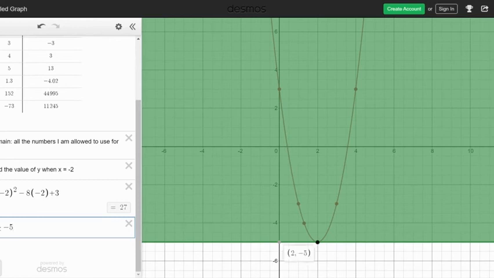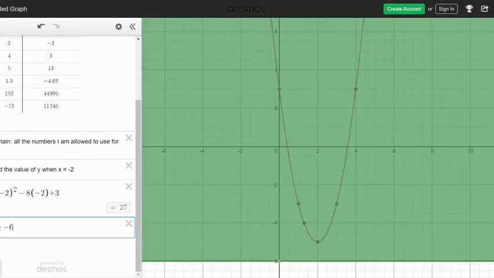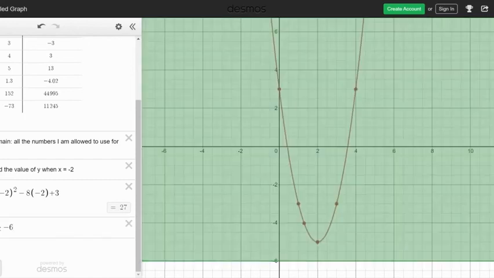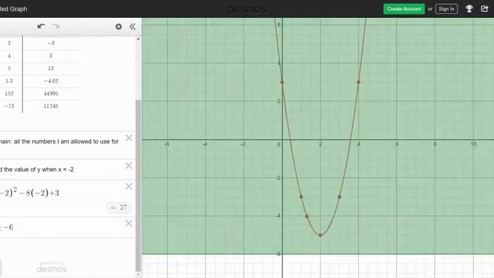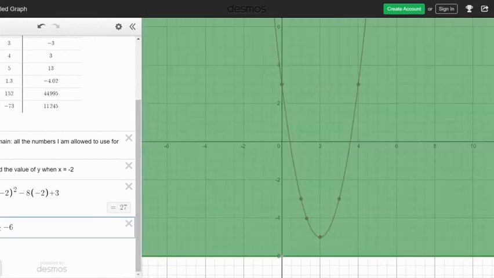On the quiz, what I did was I went a little bit beyond that so that it would still cover the graph. Like what if I said instead -6? Sure, it still covers the graph, but if you look, there's some space right in here where there's no points on my parabola. The lowest point on my graph is this point where it turns, the bottom of the U or the top of the U. -5 is the smallest y value.